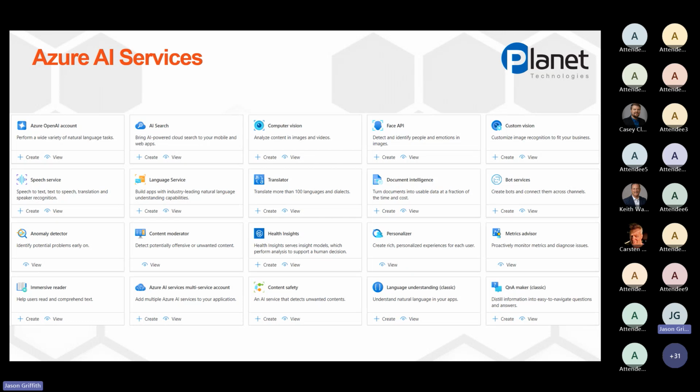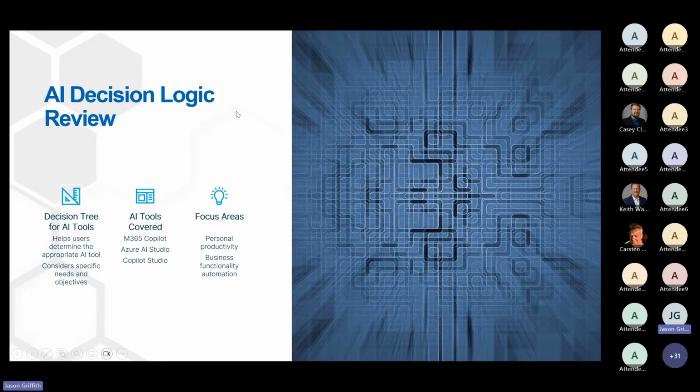There's a distinct set of services where if you're really trying to solve a specific problem, you can leverage those unique services or combine them to support an overall process.